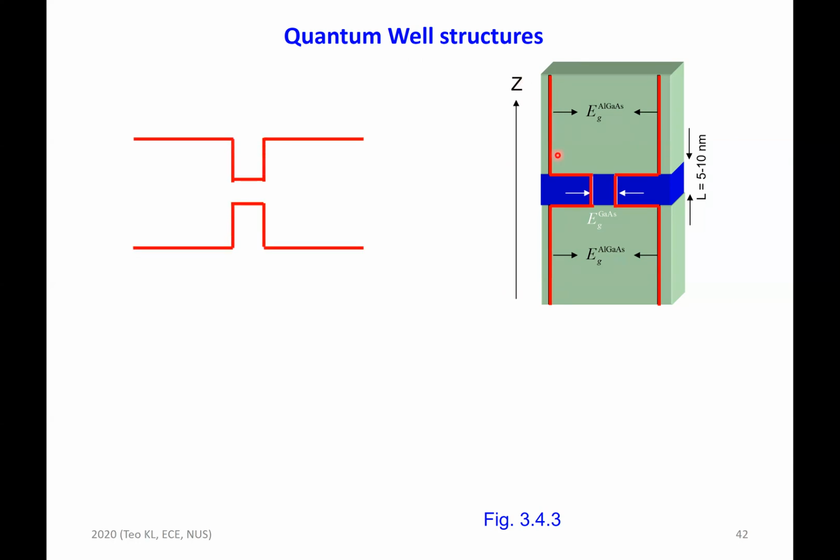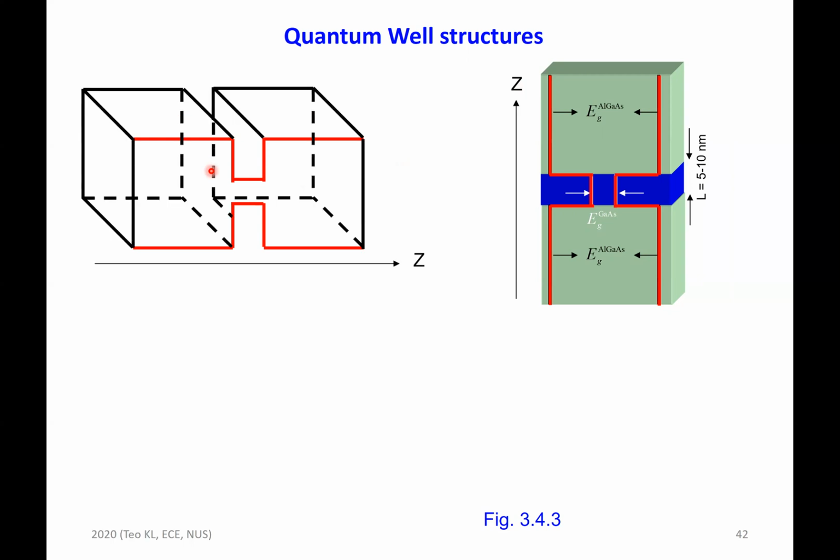You can flip this over and draw it in a three-dimensional case. Once you flip over, the Z direction is in this direction. So the quantum size effect, or the quantum confinement, or the quantized level, is in the Z direction.